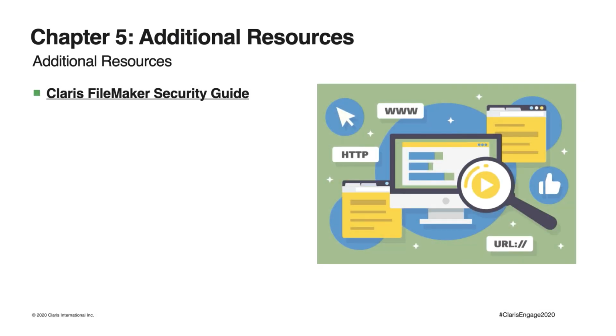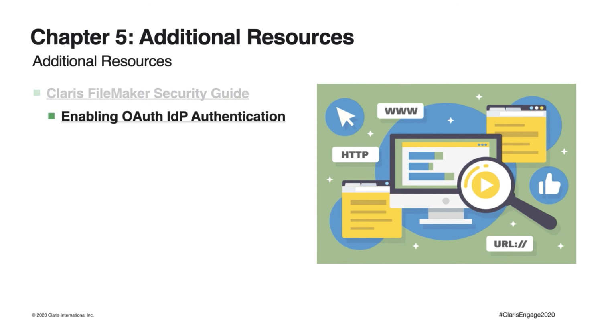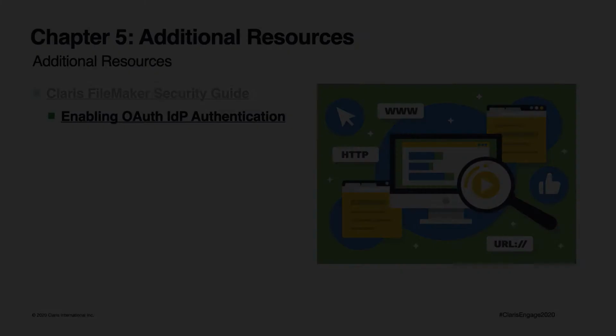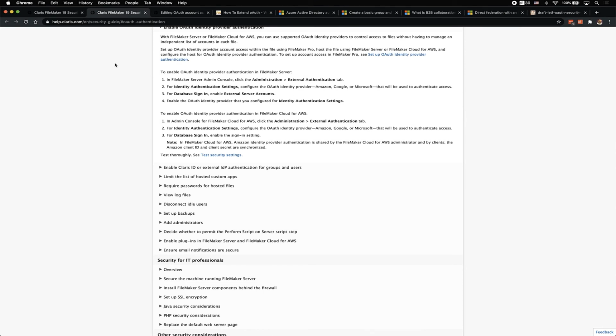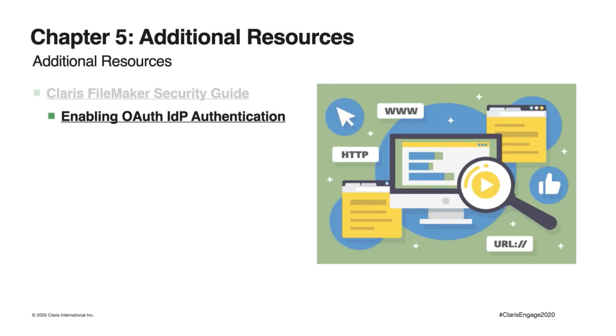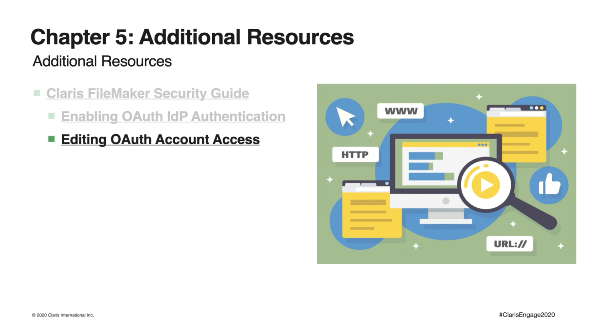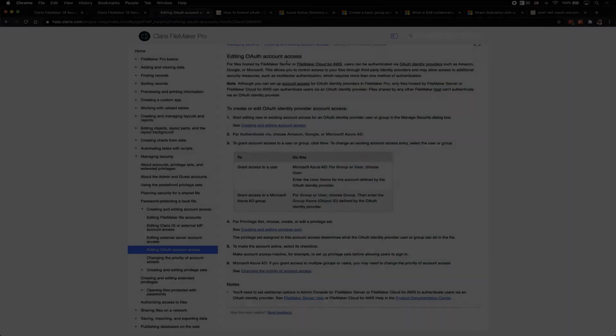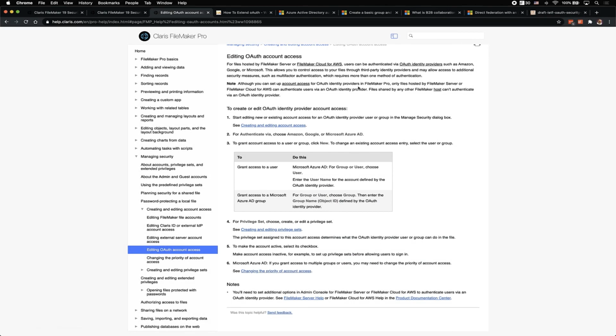If you drill into the security guide, you will find Enabling OAuth Identity Providers Authentication, which is the section relevant to this session. You will also find Editing OAuth Account Access. It is a topic in the Claris FileMaker Pro help document.